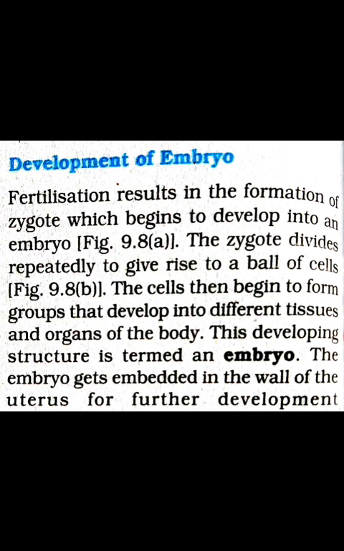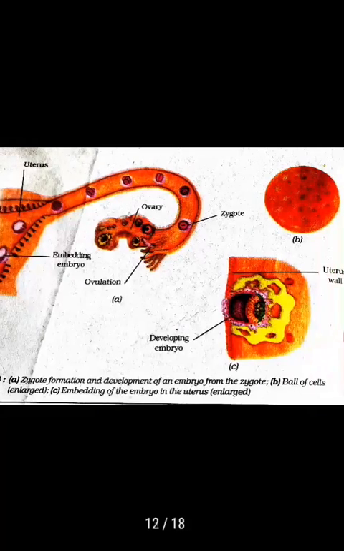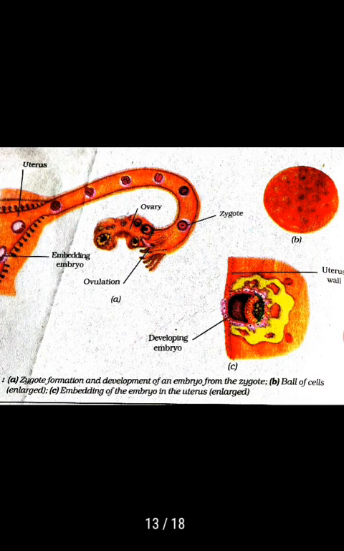The zygote divides repeatedly to give rise to a ball of cells. Then the cells begin to form groups that develop into different tissues and organs of the body. This developing structure is called an embryo. In the picture, the developing embryo is shown in C.